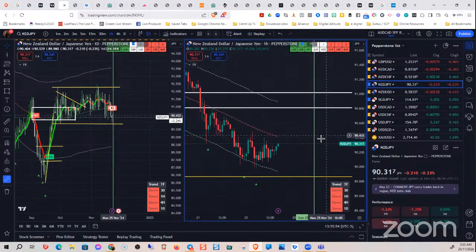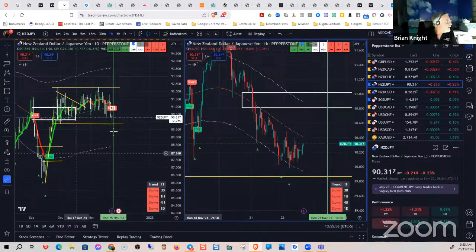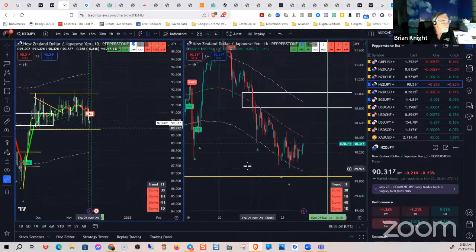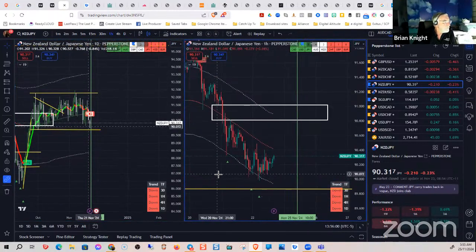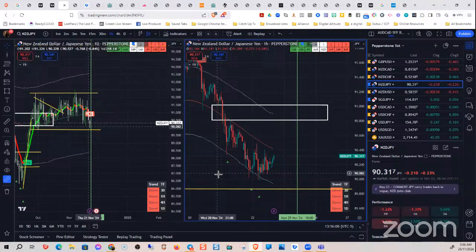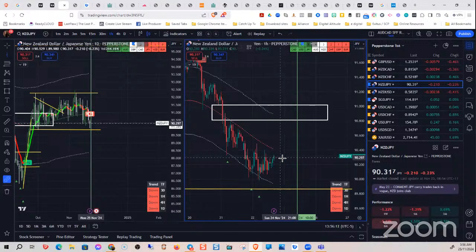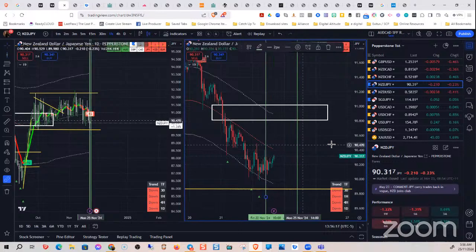Because it's short on the daily. Yes, correct. So chances are it's going to come back and sweep this liquidity, or at least tap this 4-hour fair value gap before it takes off down again, right?